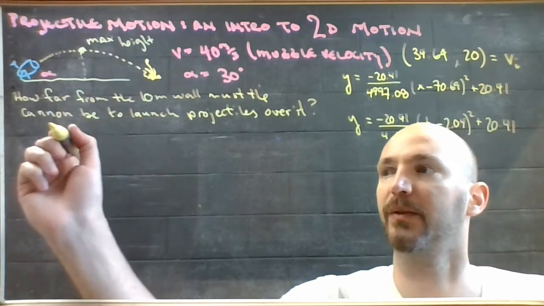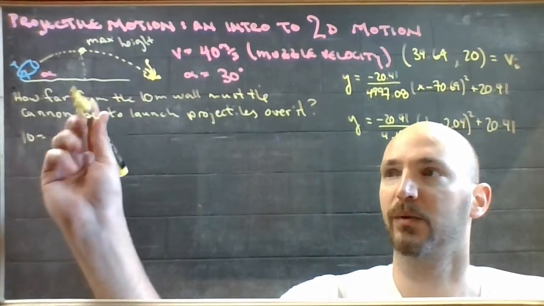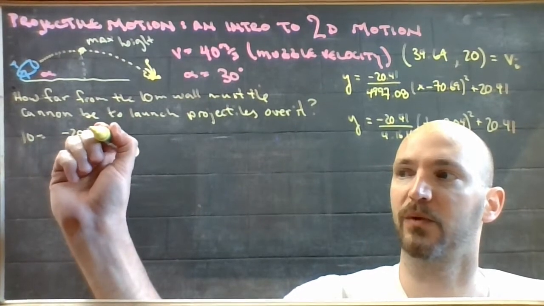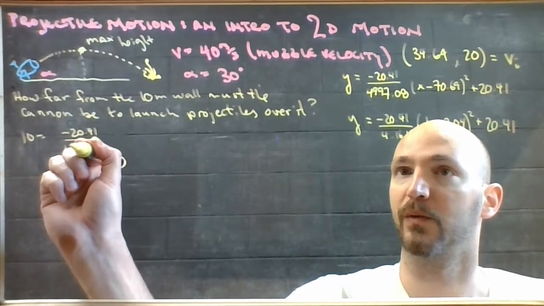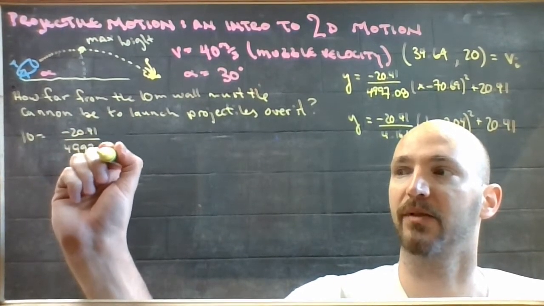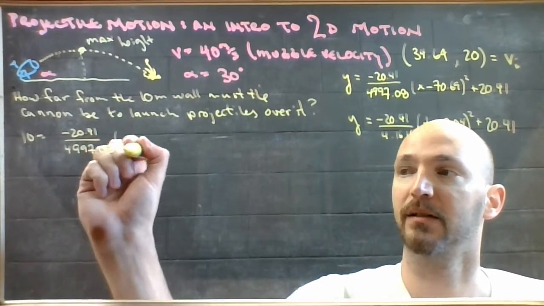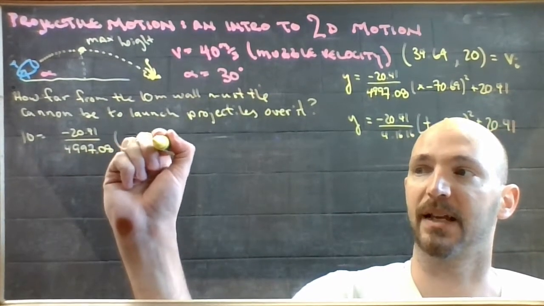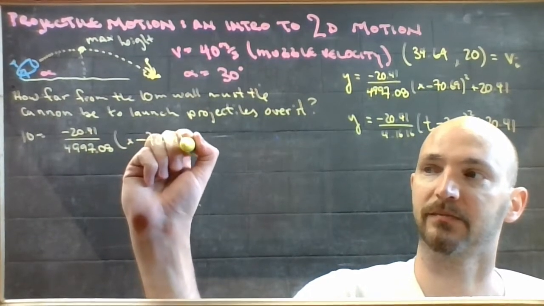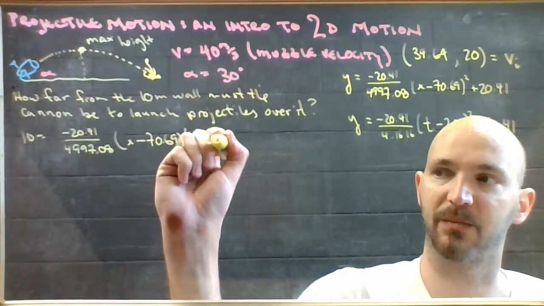So in it goes: 10 equals negative 20.41 over 4997.08 times (x minus 70.69) squared plus 20.41.